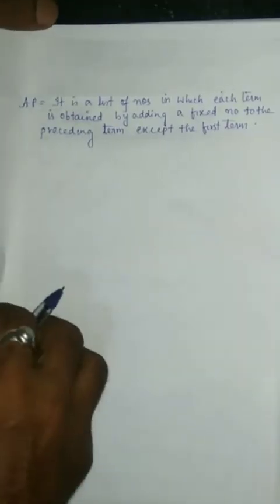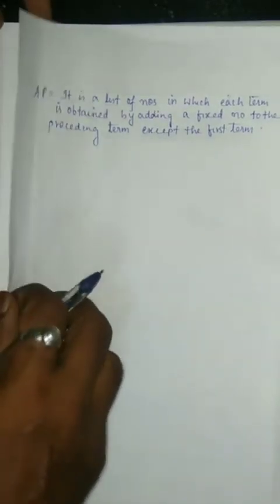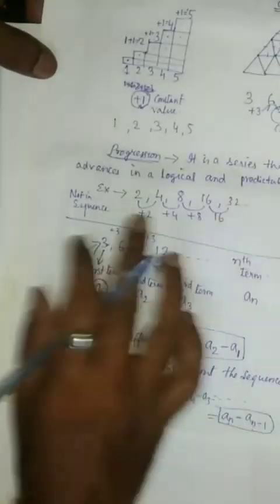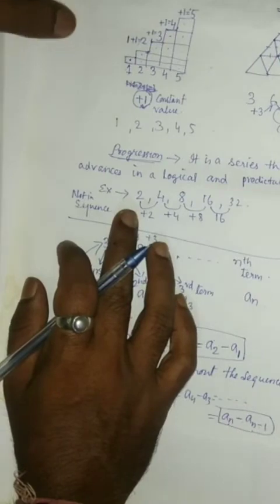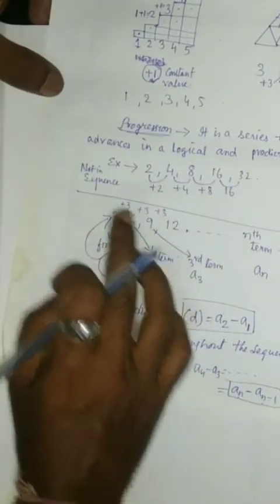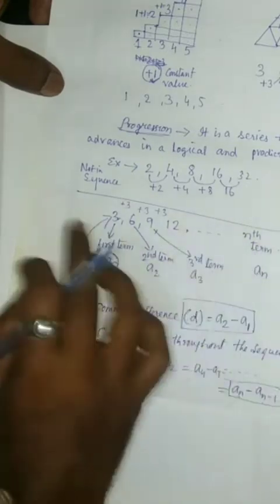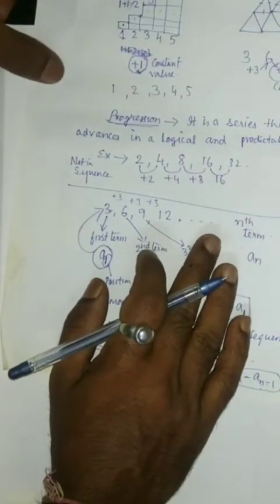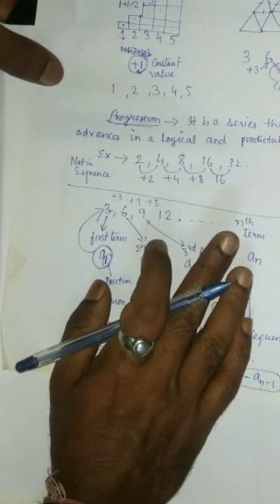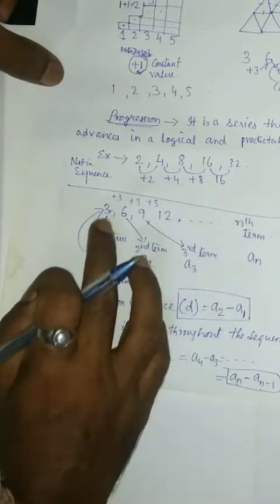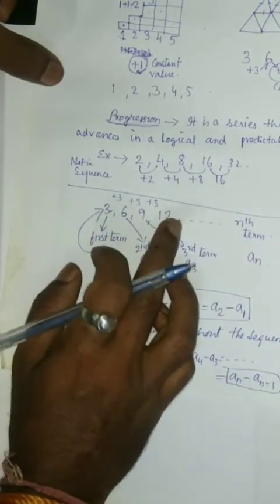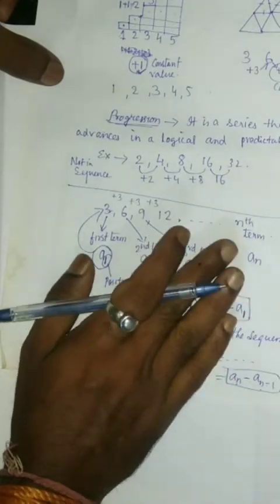Okay, student? So I am explaining the definition again. It states that it is a list of numbers. So see here, student, 3, 6, 9, 12, up to nth term is a list of numbers in which we are obtaining each term by adding a fixed number.